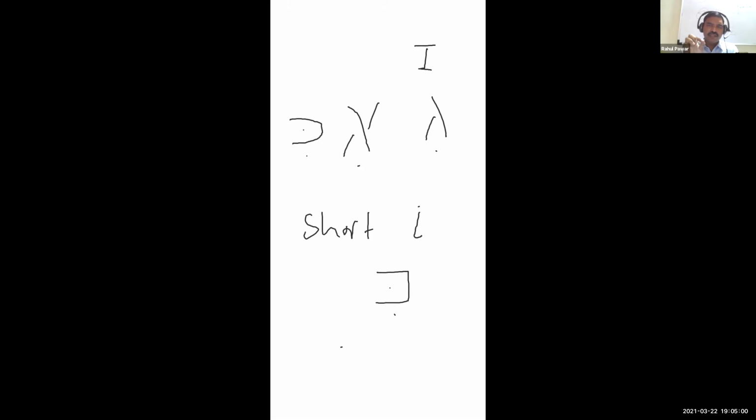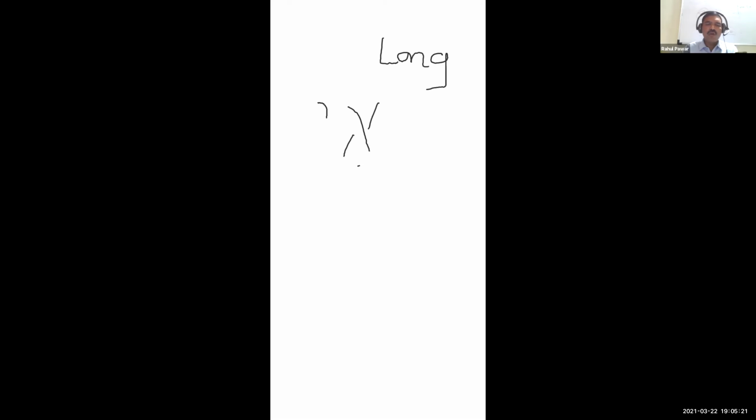If I put the dot under any consonant, it gives the I sound. Now, if I put yod after hirek, it becomes a long vowel.